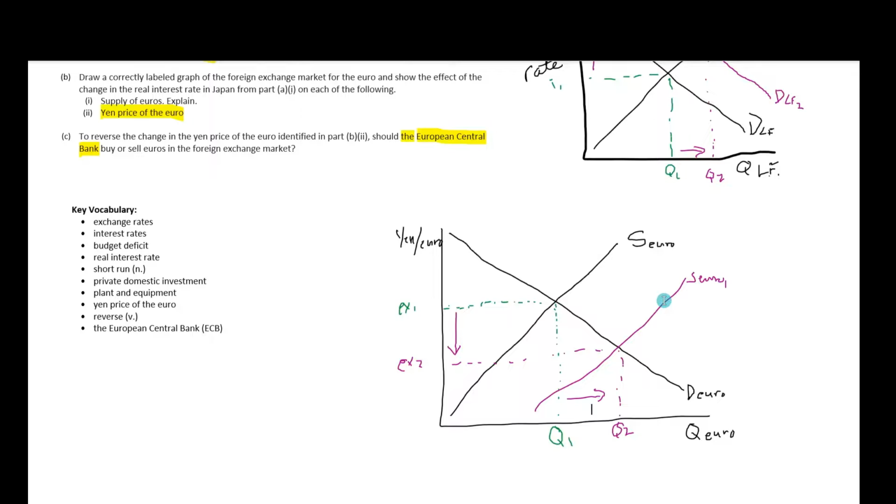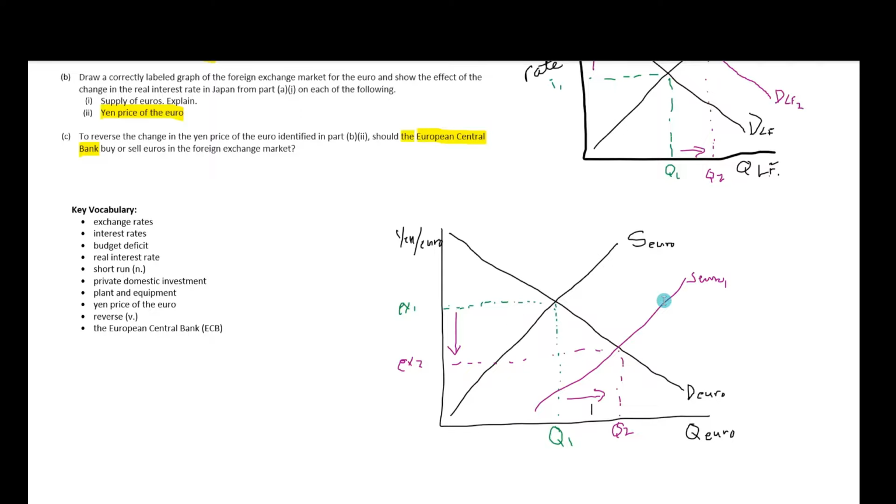So remembering that exports, if we assume we have a depreciating euro relative to the yen, that's going to increase exports. And exports are part of aggregate demand. So you would see that as a shift of your aggregate demand curve to the right, an increase in real GDP, and an increase in the price level. That's not part of the question, but it very well could be on a different question.